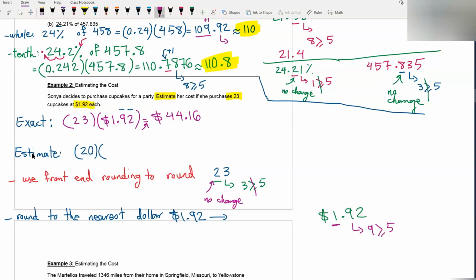If the answer was yes, you have to add 1. So here we have 2.00. So use this one here on top. Now 20 times 2, total we have $40.